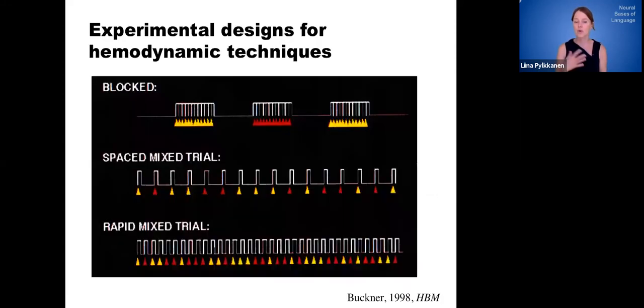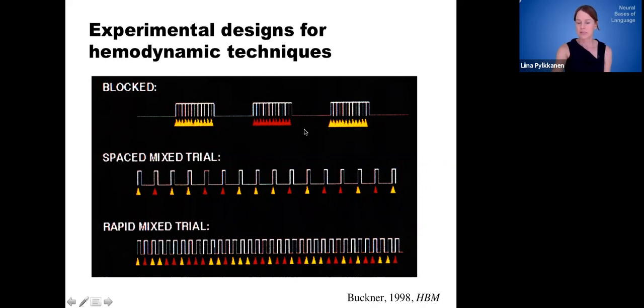So what are the different types of experimental designs that are available for fMRI? The distinctions I've alluded to start with the so-called blocked design. Here you get the same type of stimulus for a while, then you get your fMRI image from that, and then the stimulus changes. You're not worrying about time resolution because you're getting an image per block, say.